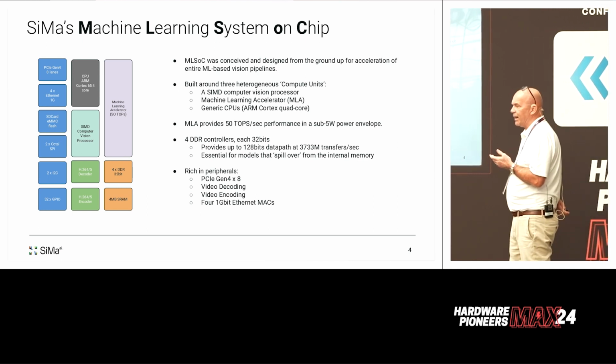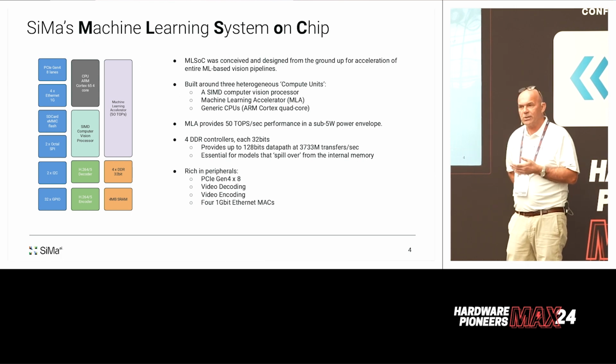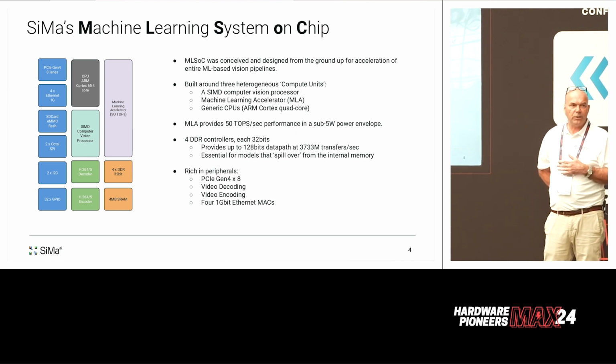We also have a PCI Express bus interface. It's a generation 4, 8 lanes, so a really high power, high bandwidth connection. And we can stream data and imagery in and out of the chip over PCI Express.